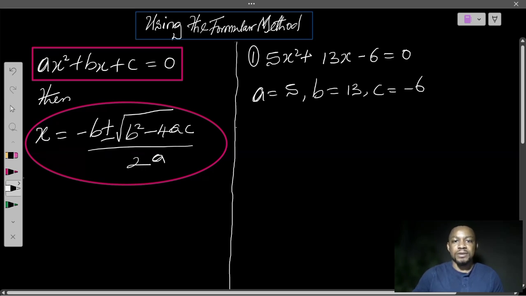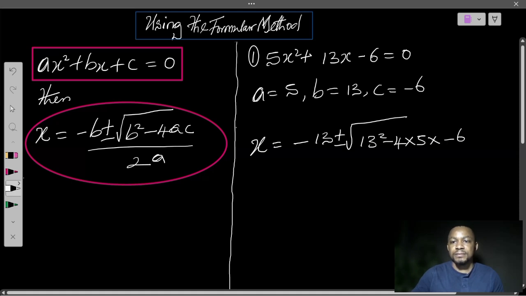So applying this formula, we are going to have x equals minus b, which is 13, plus or minus the square root of 13² minus 4 times a, which is 5, multiplied by minus 6, all over 2 multiplied by 5.